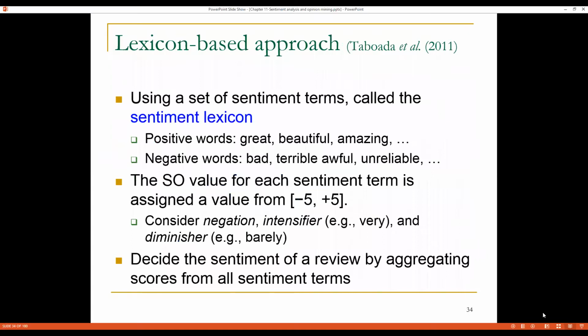You can give them a value between -5 and +5, and considering an intensifier like "very" or a diminisher like "barely," you can decide on their scores, and from the aggregated scores, you figure out their total sentiment view.